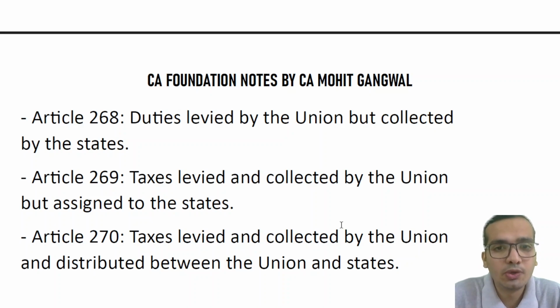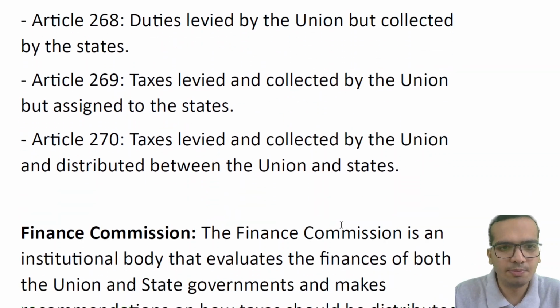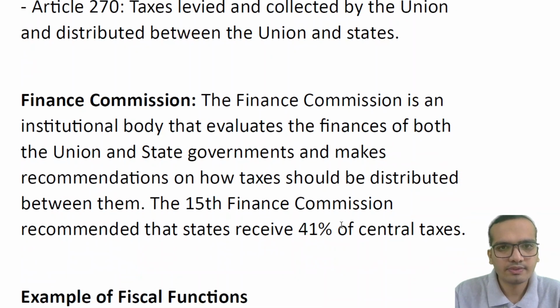That is related to duties levied by the union but collected by the states. Second comes Article 269, where taxes are levied and collected by the union but assigned to the states. And third comes Article 270, where taxes are levied and collected by the union and distributed between the union and states. So GST is a part of Article 270.